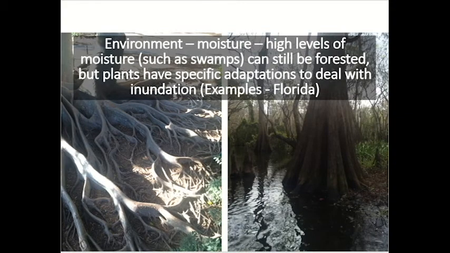That can actually interfere with water uptake in some cases. And many ecosystems are adapted to this either by structures of the roots that help get oxygen down into the roots, or by simply having high tolerance to low oxygen conditions.